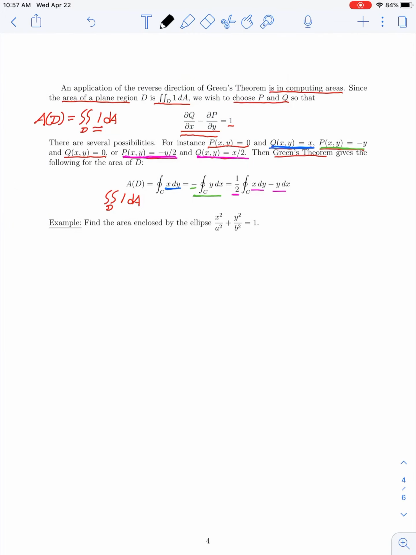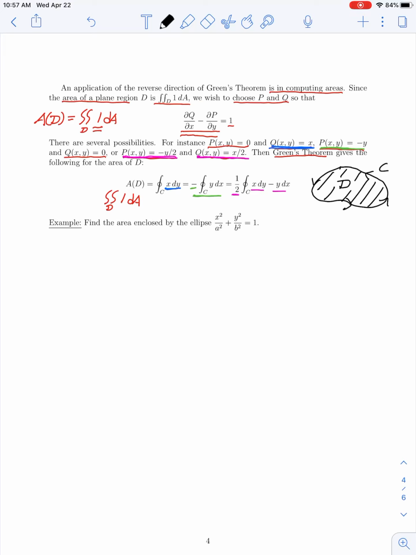So here, what we're doing is if we have some plane region D and we want the area of this region, we could think about the curve C, which forms the outer edge or boundary of that region, and evaluate, instead of the double integral over D, the line integral around this closed curve.